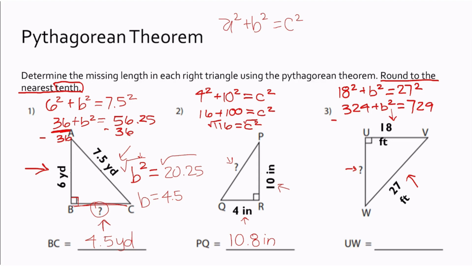And I'm going to subtract 324 from both sides of the equal sign. And I get b squared equals 405. And then I take the square root of both of those sides. And again, I get a long decimal answer, but I'm rounding to 1 decimal place. So I have 20.1 feet.